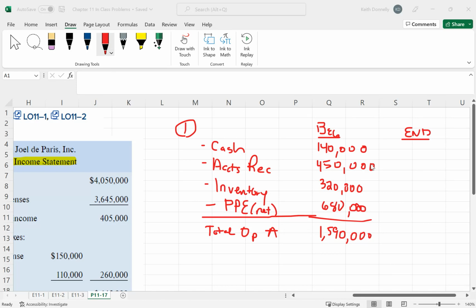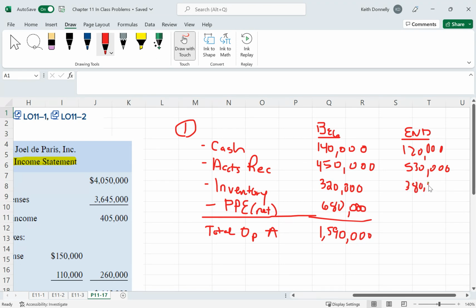All right, so for the end of year, again, we're just going to take these numbers from over there. We got 120,000. We got 530,000. We have 380,000.